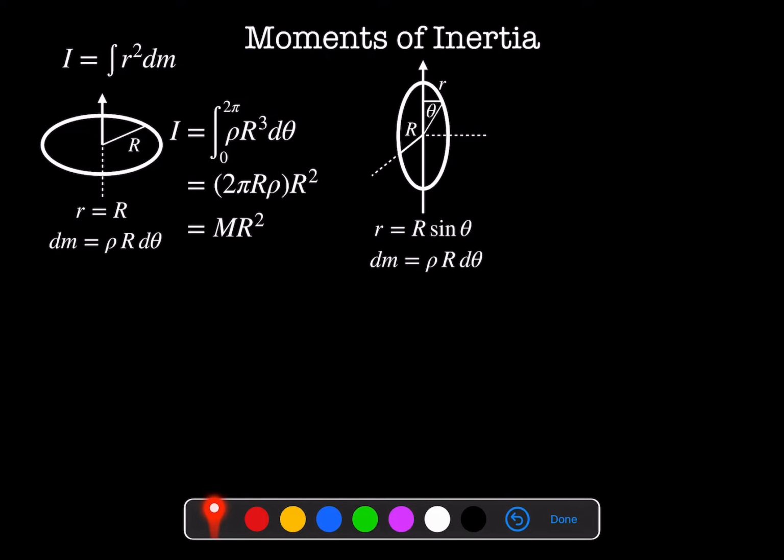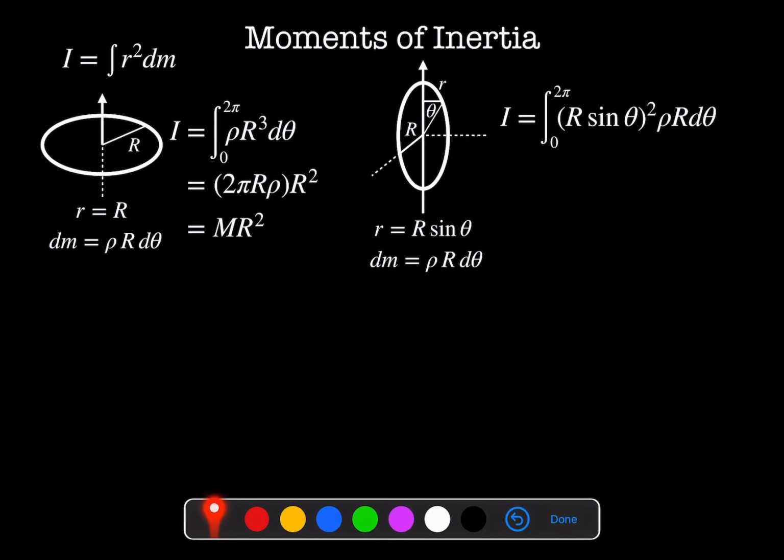Let's look at the same hoop, only now instead of spinning through an axis perpendicular to its plane, we're going to rotate it about an axis that passes through opposite points on the hoop. Here the radius, which is the distance from the axis, is r times sine theta, and our infinitesimal mass element dm is rho times r times d theta.